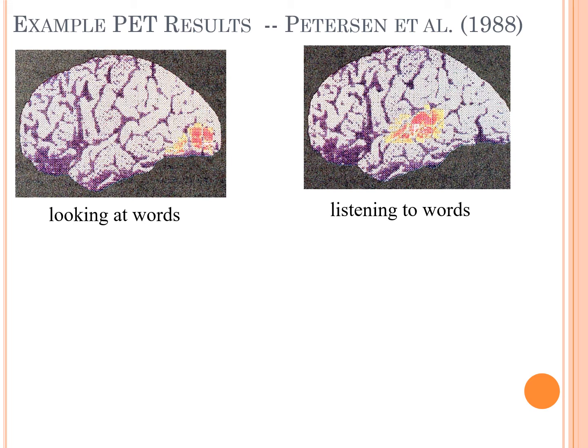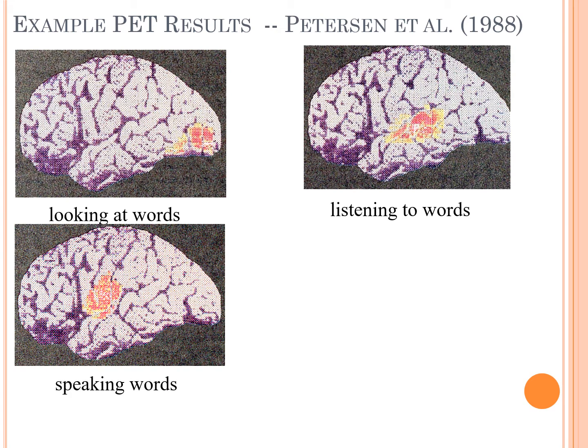And as we are listening to words, you can see that the activity here is in the temporal lobes, the auditory cortex, probably here to near Wernicke's area as well, some of those auditory association areas. When we're speaking words, we see more activity at what looks like probably right around Broca's area as they are saying the words, that motor area for when we speak.